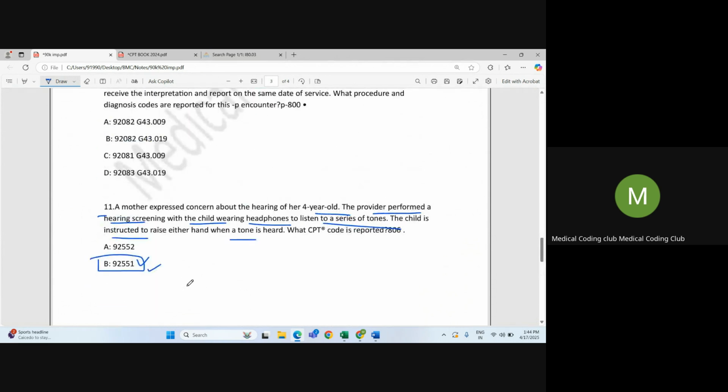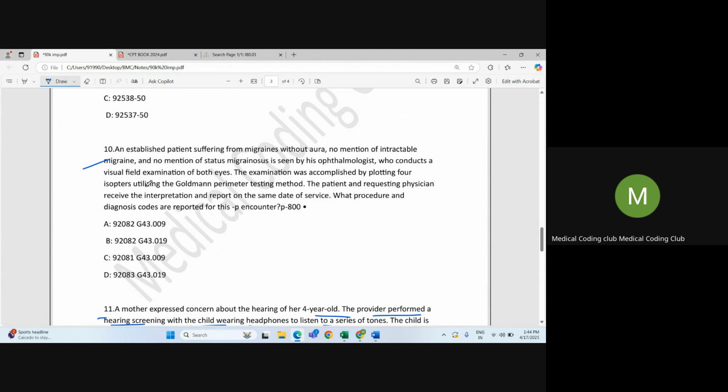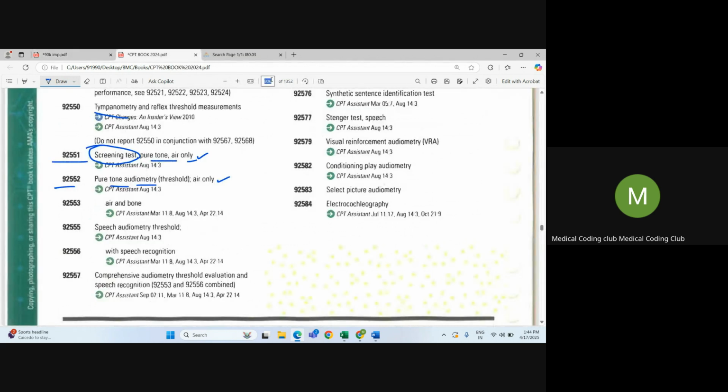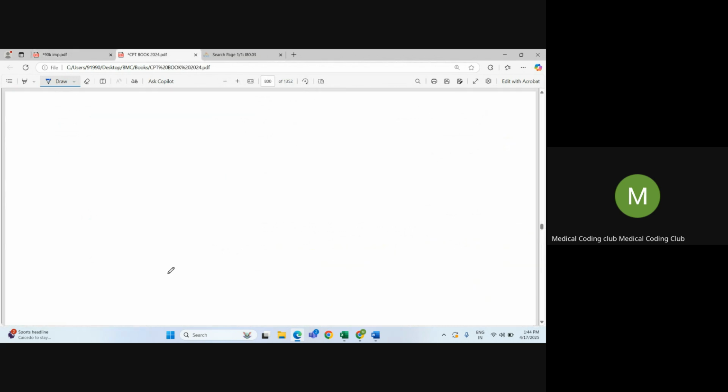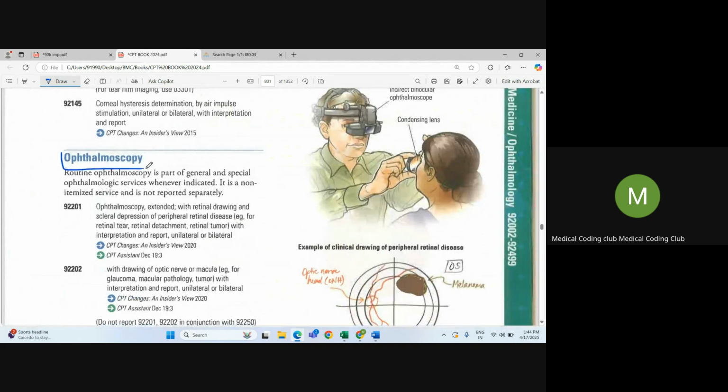Another question, you can see this question is about an ophthalmologist. The procedure I'll explain. Ophthalmoscopy.